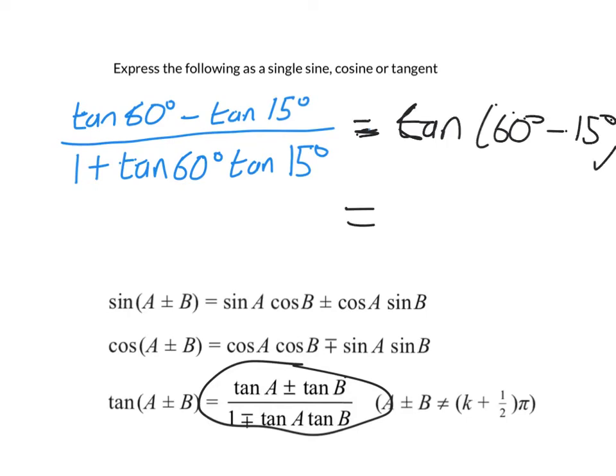That's going to be tan of 45 degrees. I've just used ones there with nice angles to start us off. All that is about is beginning to recognise and identify what formula to use, and that will really help you later on.